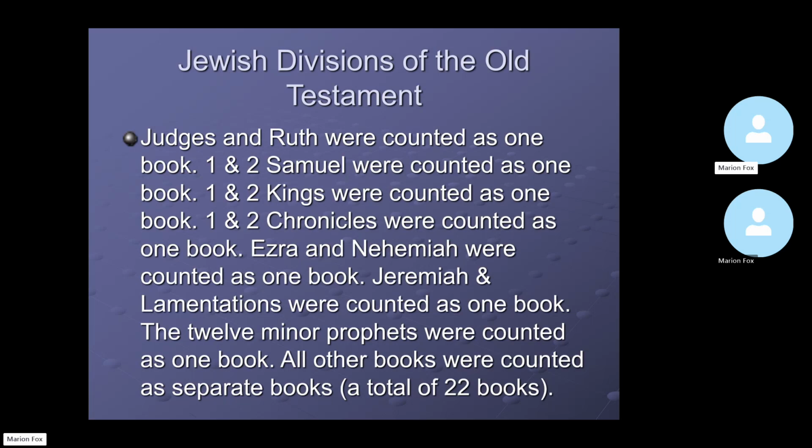But what we have here is that the Hebrew scroll for the books of Samuel, Kings, and Chronicles was such that First and Second Samuel were on one scroll because it was small enough that the scribe could hold it while he's reading.